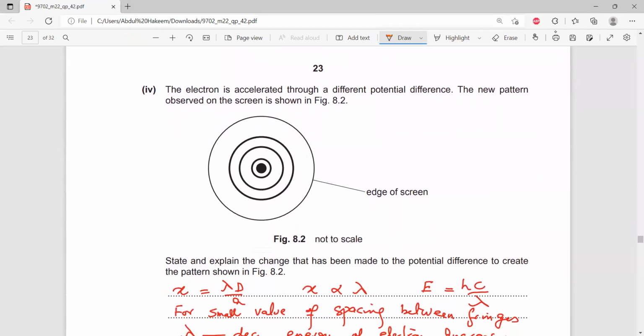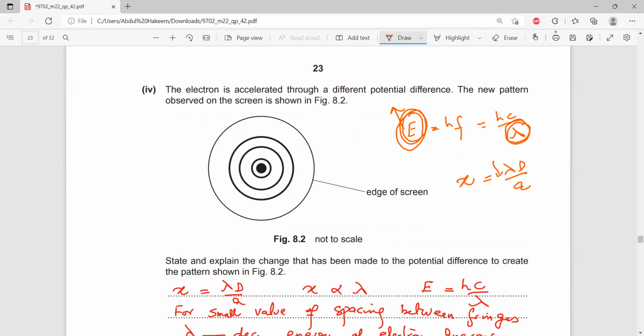Now look here, the electron is accelerated through a different potential difference, a new pattern is observed, so definitely energy is gained, and the energy is equal to hf and hc over lambda. When the electron is accelerated, it gains energy. When energy increases, wavelength decreases. When the wavelength of the incident wave-nature electron decreases, according to the diffraction rule, x is equal to lambda d over a.